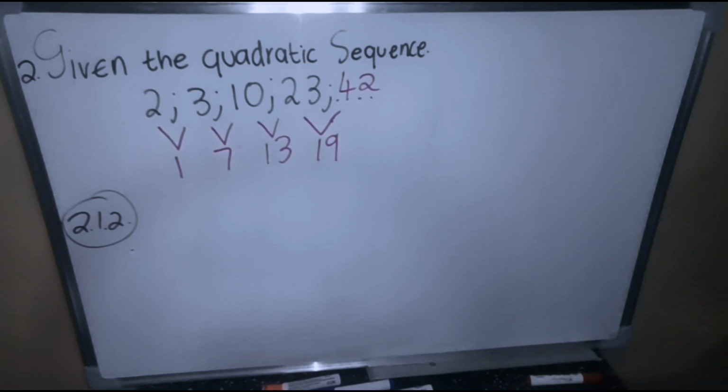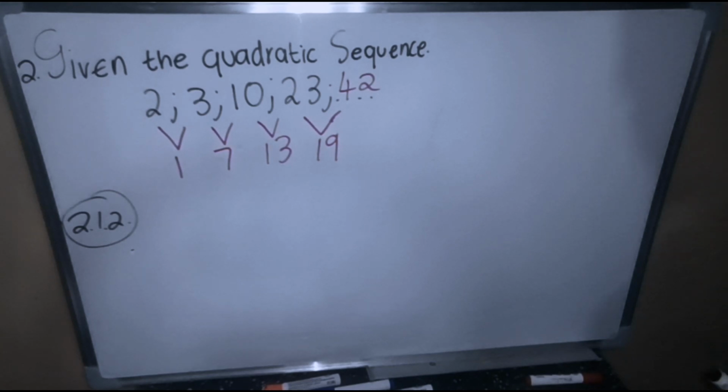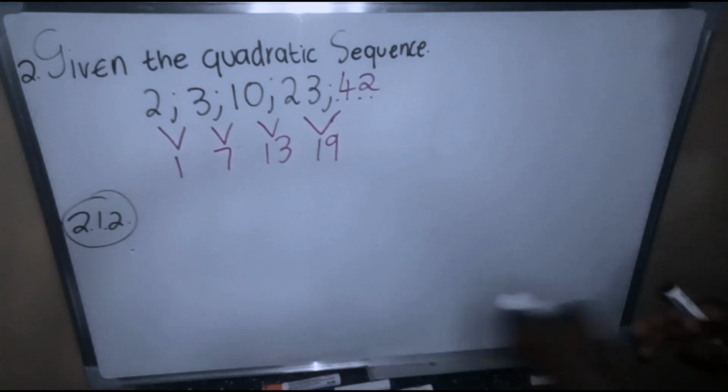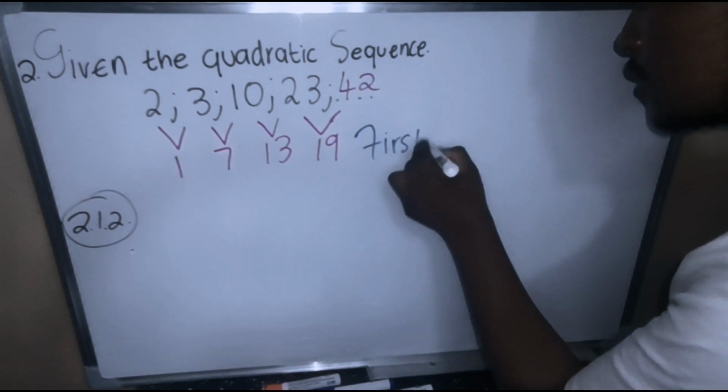Now, how do you find the formula for a quadratic sequence? In a quadratic sequence, we need to find the second constant difference. Now, this one is our first difference.